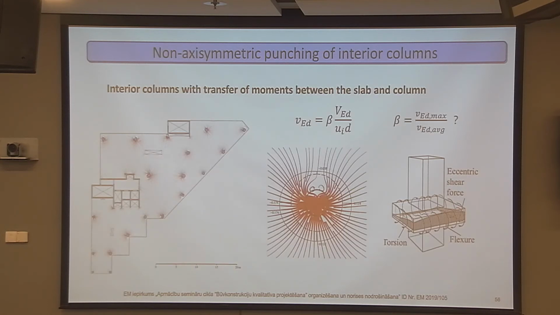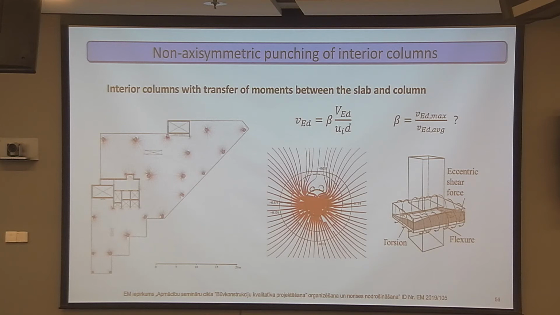Now the next topic that is important in practice is how to account for moments transferred between slabs and columns, or what to do in cases when the punching is not axisymmetric like it was in tests.